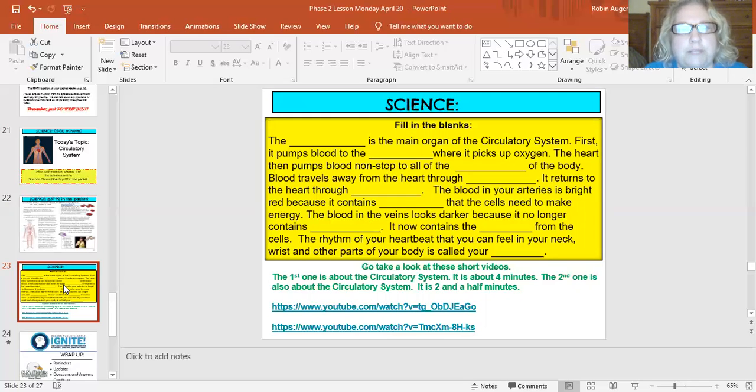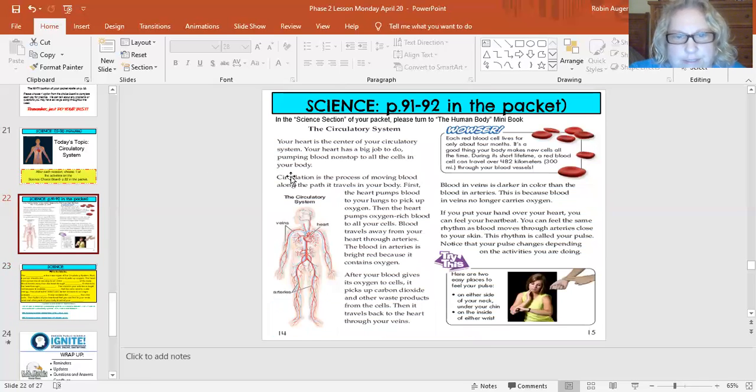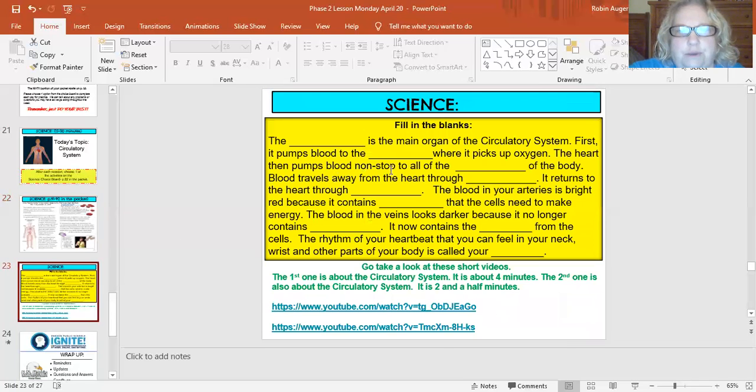Okay. Blood travels away from the heart through blank. Let's look back to make sure we got that right answer. Okay. And it says here, blood travels away from your heart through arteries. Okay. So that goes here. Blood travels away from the heart through arteries. It returns to the heart through veins.